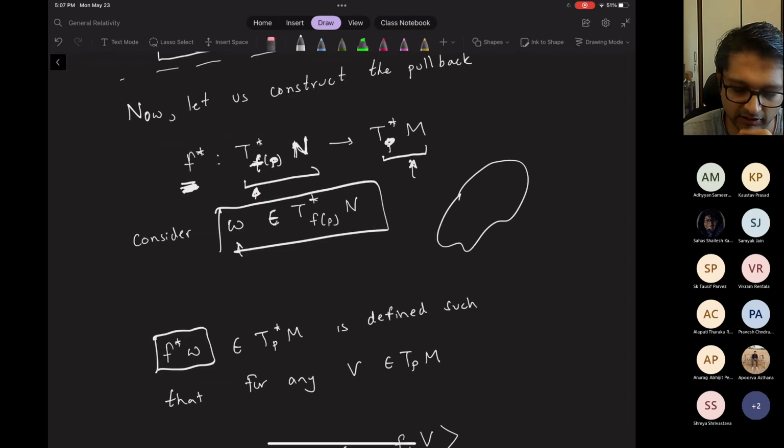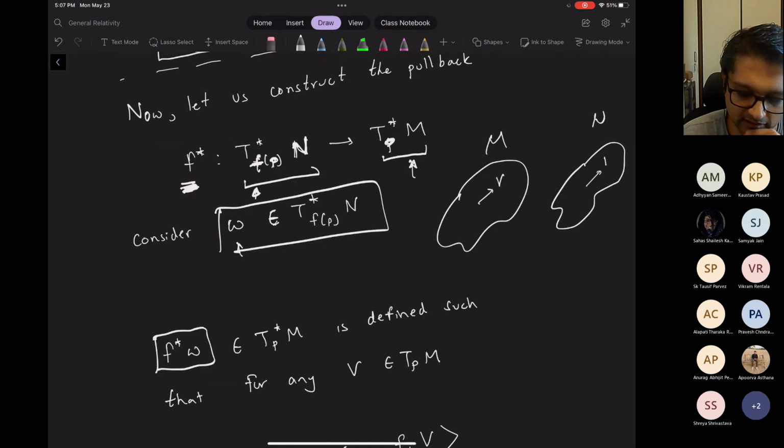Pictorially, this is M, this is N. Of course I can push forward vectors: given a vector X, I can get a vector Y. Now we're saying that given any arbitrary dual vector here, I can always get a corresponding dual vector in this space at P. This dual vector is denoted F star of omega, the pullback of omega.